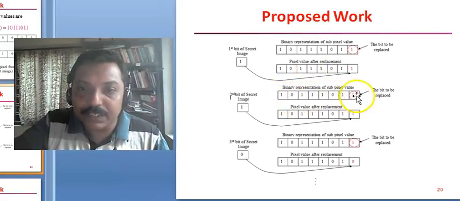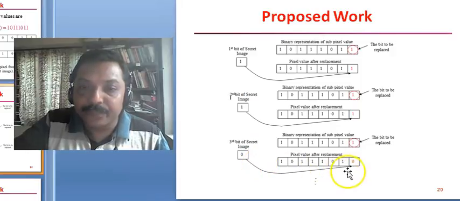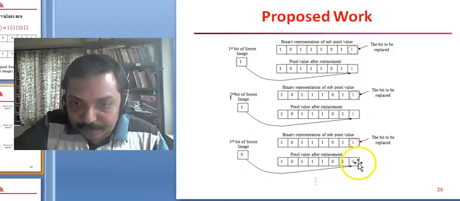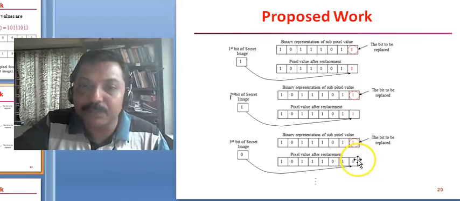This is represented here, and again this bit needs to be replaced, and we put the second bit of the secret pixel, again 1, at this position. It continues until all 8 bits of the secret pixel are placed in their particular positions.